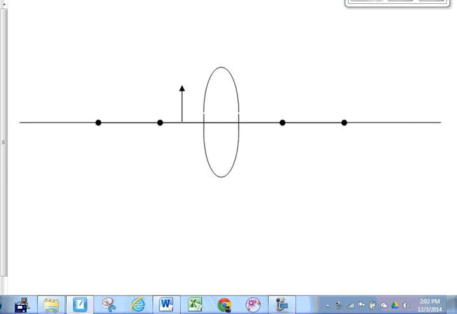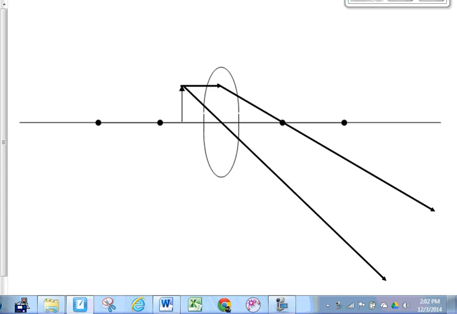First ray, parallel, down through the focal point. Second ray, down through the optical center. They don't come together. They don't converge, but they're not parallel. So let's extend the refracted rays back with dotted lines. Those dotted lines converge back here.